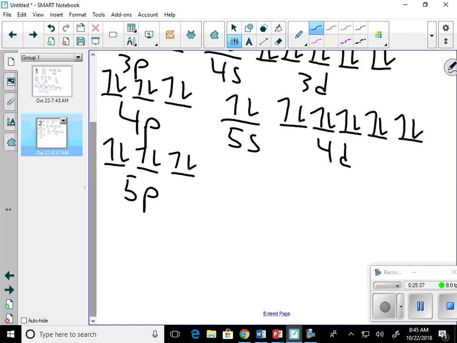That gets us to xenon, element 54. That means after 5p comes 6s. And after 6s, I have 2 electrons there. That gets me to barium, element 56.